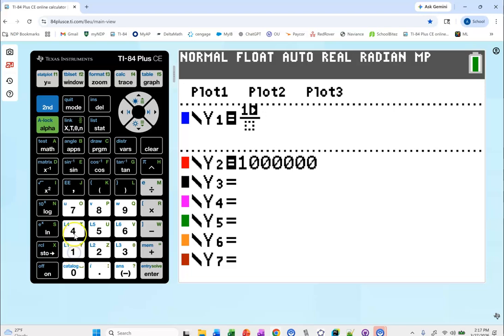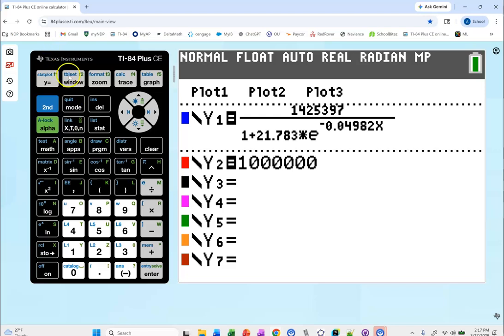So I type that in: 1425397 over 1 plus 21.783 times e. So second, and then the ln button down here gives me the e to the negative 0.04982, and then my variable. Everybody feel okay?